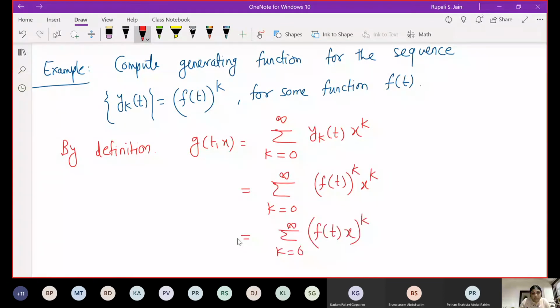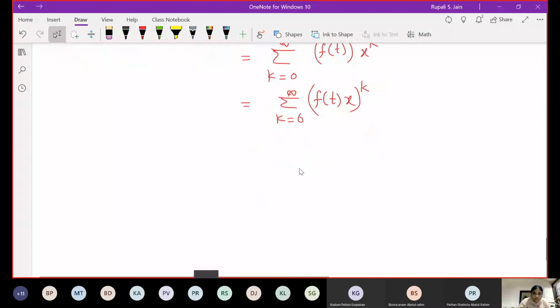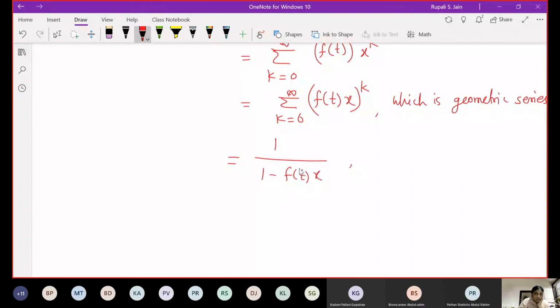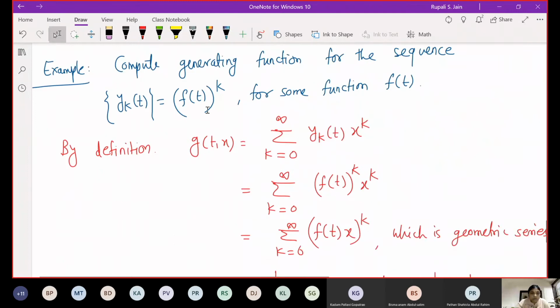Right? Now this is a geometric series. What is its sum? 1 upon 1 minus f(t) x, provided that the modulus of f(t) x is strictly less than 1. Is that okay? So this is my generating function for y_k(t), where y_k(t) is nothing but f(t) raised to k.